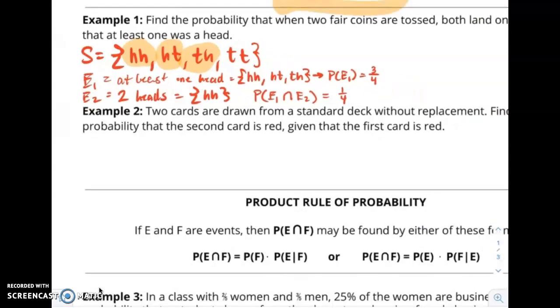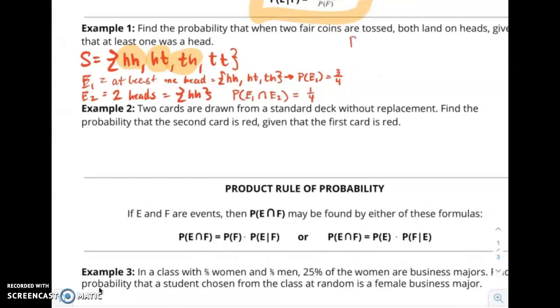So if we want the probability that both were heads, given at least one was a head, then that means we are going to be looking for the probability of event 2 happening, given that event 1 has already happened.